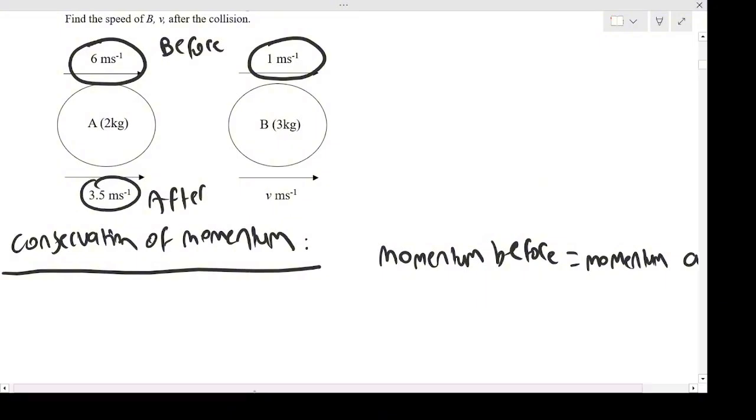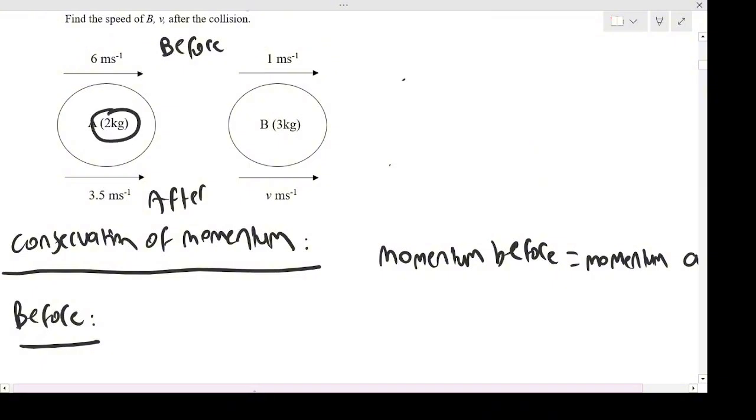If we just focus on the velocities before the collision, then for the first one, for A, the mass is 2 and the velocity is 6. So remember, momentum individually is just mass times velocity. We looked at that in the first part.